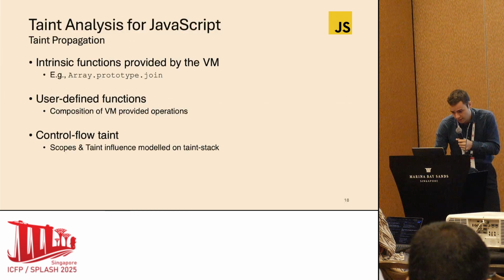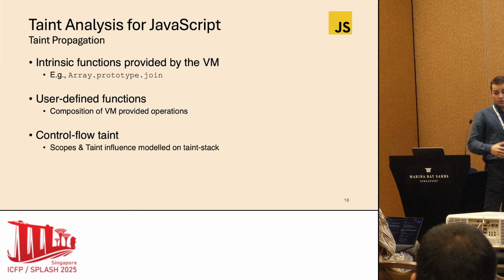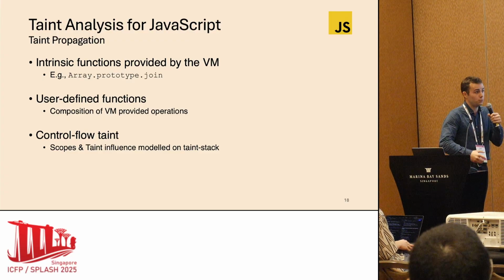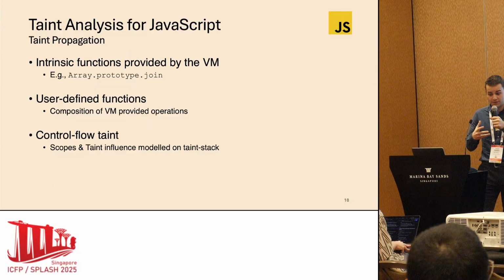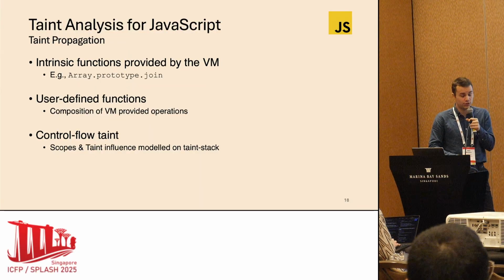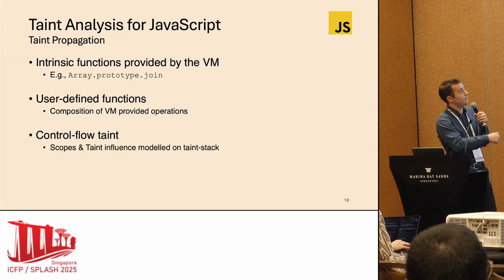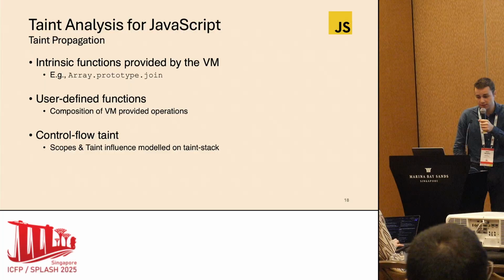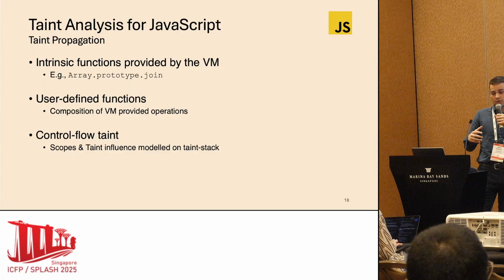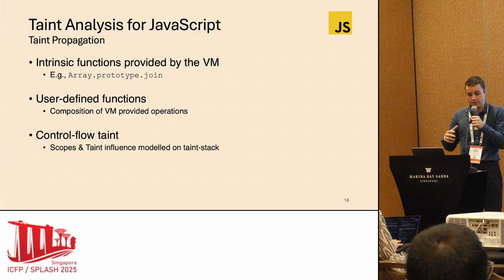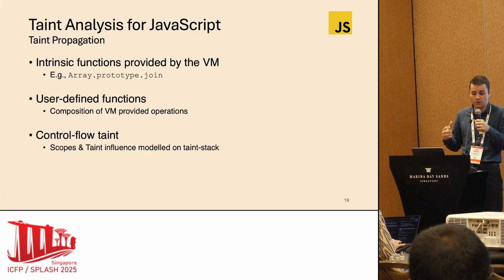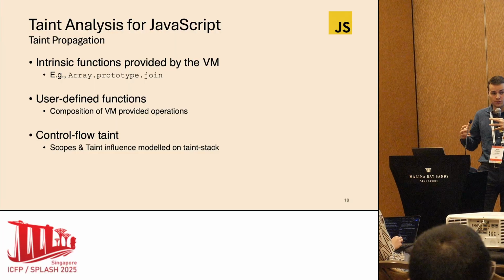And besides using shadow values, we also had to account for taint propagation. And so we provided taint propagation rules for intrinsic functions, which are functions provided by the VM, such as, for example, the join function that you can call on arrays. And then the source code instrumentation platform will handle user-defined functions as the composition of calls to VM-provided functions.